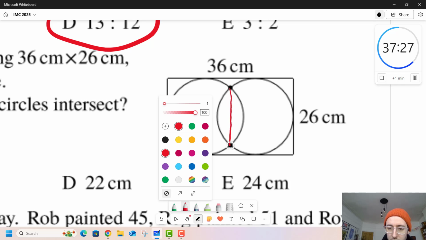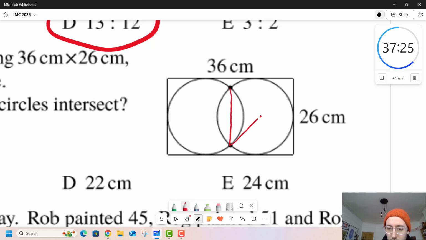This is 13, this is 13. Now, this distance here is 10, so this distance is 5 and 5.